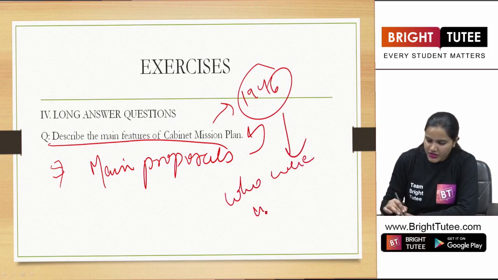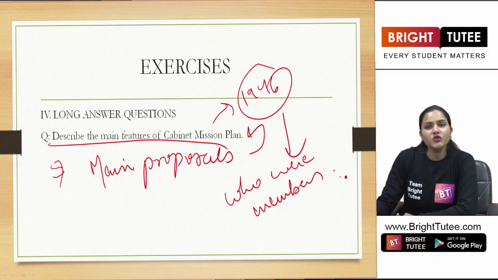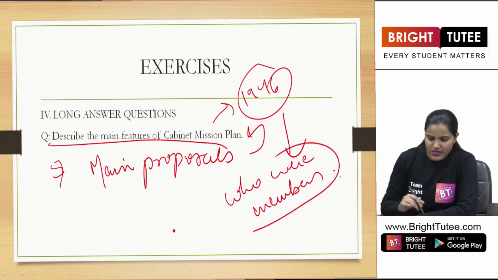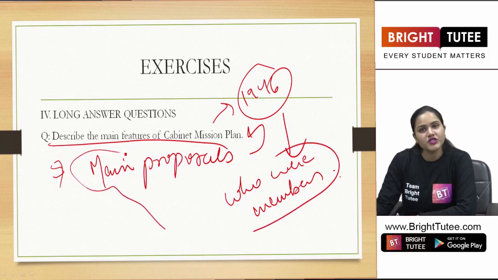Talk about the members and what was their main aim. Not to lay down the features of the constitution, but to let the Indians prepare a constitution for the Indians. But there were some proposals that were laid down by the cabinet mission members as well. You have to talk about all these proposals. We have discussed a set of proposals in great detail in this part. So this is how you are going to answer this question.